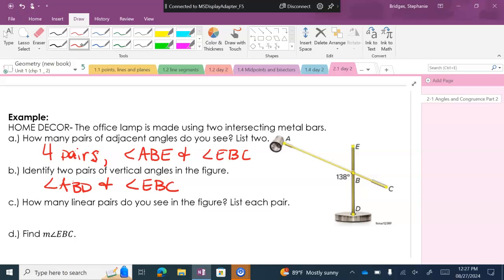You're looking at the picture. Remember, linear pairs, those are two angles that are adjacent that make a straight line. I'm asking you to tell me how many there are. I don't want you to name any of them.